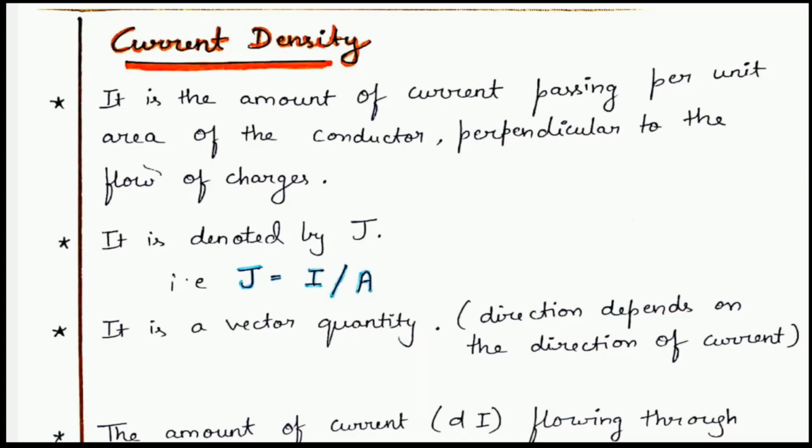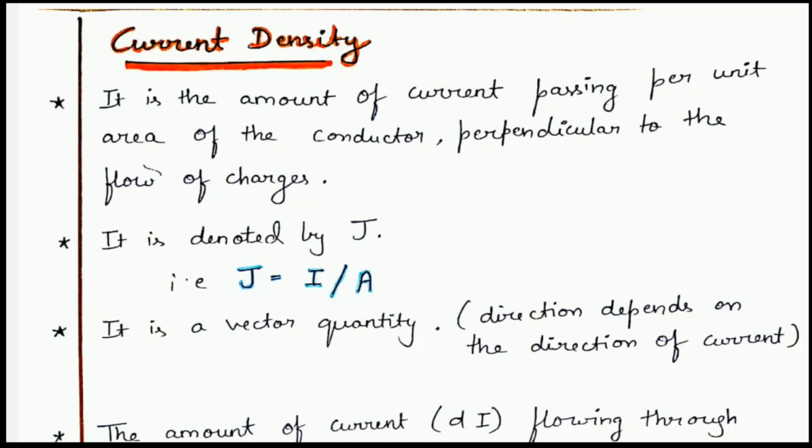Here you must remember that current density is a vector quantity. You might be surprised because current is a scalar quantity. How can current density be a vector? Because the direction of current density depends on the direction of current. Depending on the direction of current, the current density's direction can be decided.